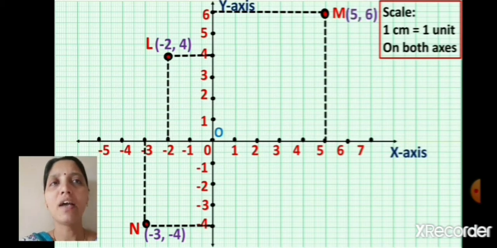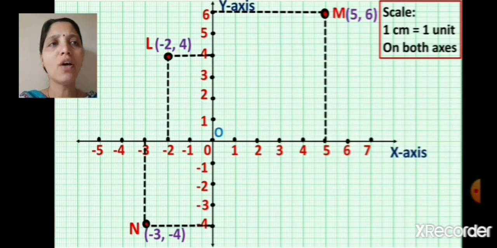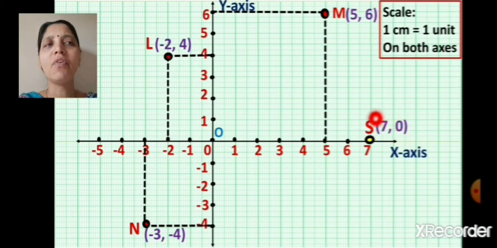Okay. Are you getting it? Yes. Now the next point we have to show is point S with coordinates 7 and 0. Now that point will be on the x-axis because for point S, the y coordinate is 0. So that point will lie on the x-axis.